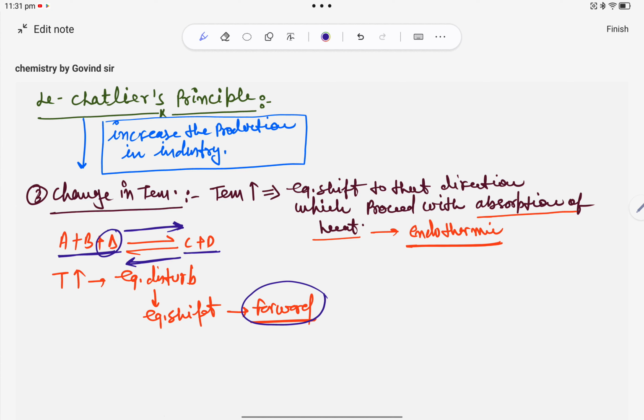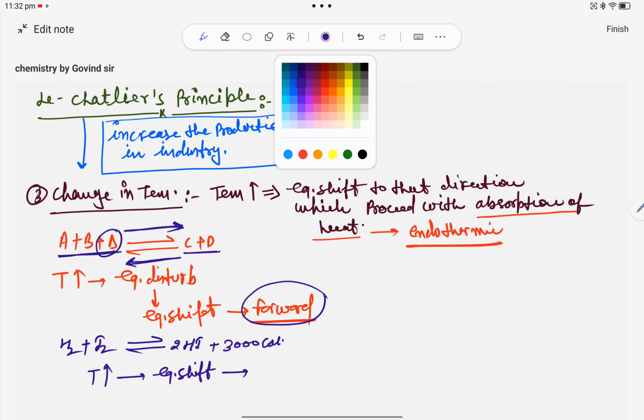Second example, it is given H2 plus I2 gives 2HI plus 3000 calorie. If you increase the temperature, then the equilibrium shifts in which direction?